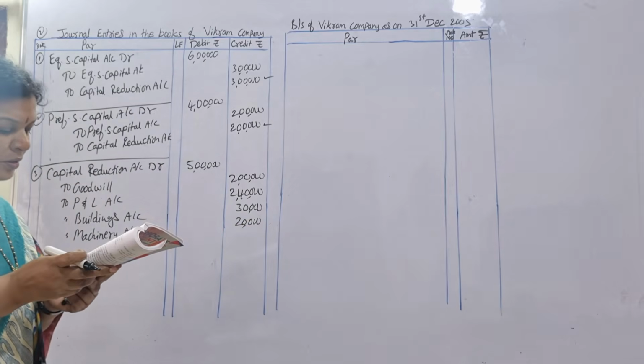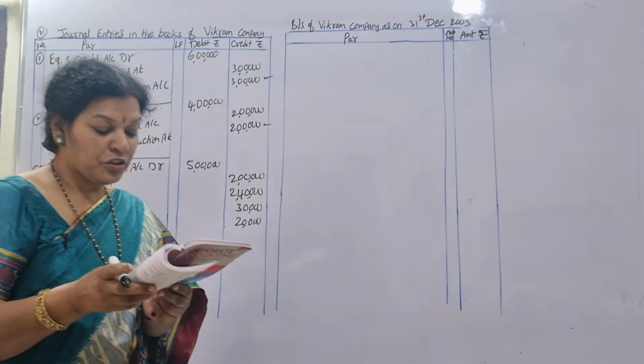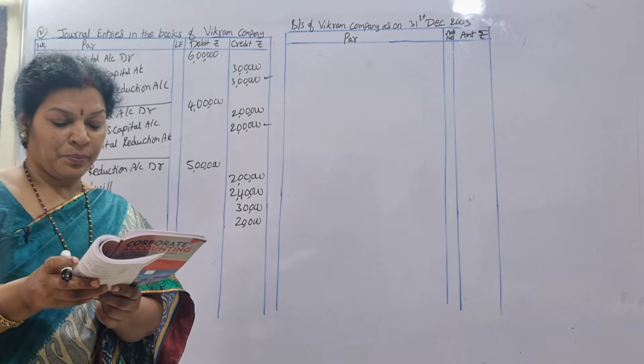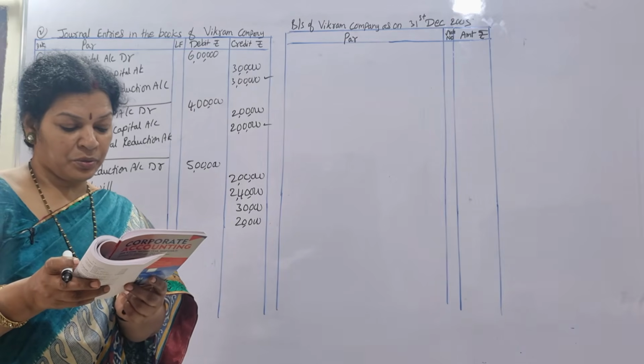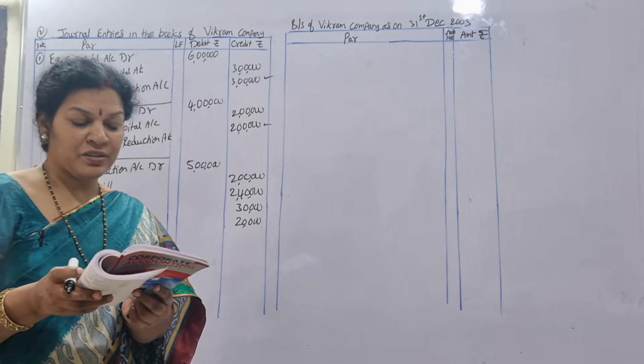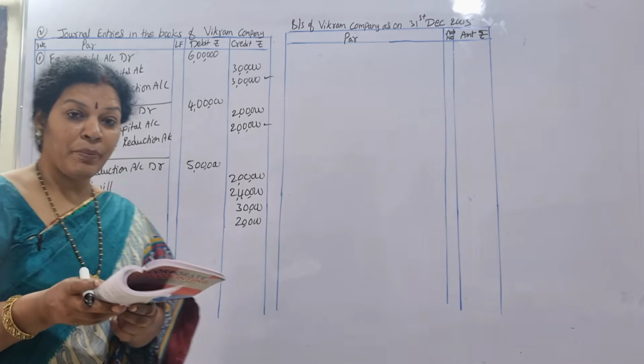Then after that, the balance, last point, be careful. The balance is to be used to create reserve for bad debts, pass entries to implement the scheme and prepare balance sheet. Now fourth point, once again you read, the balance is to be used to create reserve for bad debts.